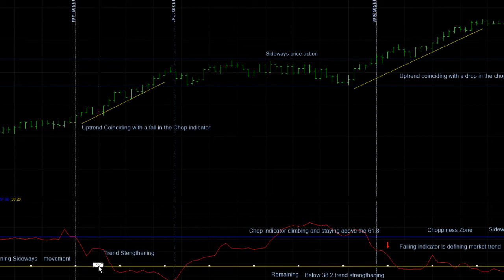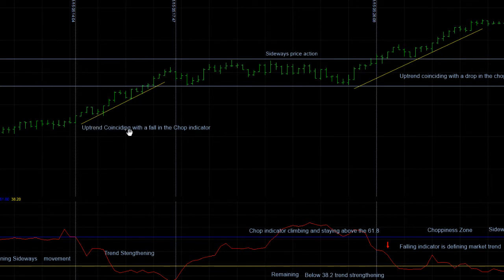Once we get below this lower level at 38.2, that tells us that the trend is actually getting stronger, and that coincides obviously with our price action. You can see here that price breaks above that range and starts to move up. We get a nice little uptrend to our next level, don't we? So there's almost two levels here of support and resistance.